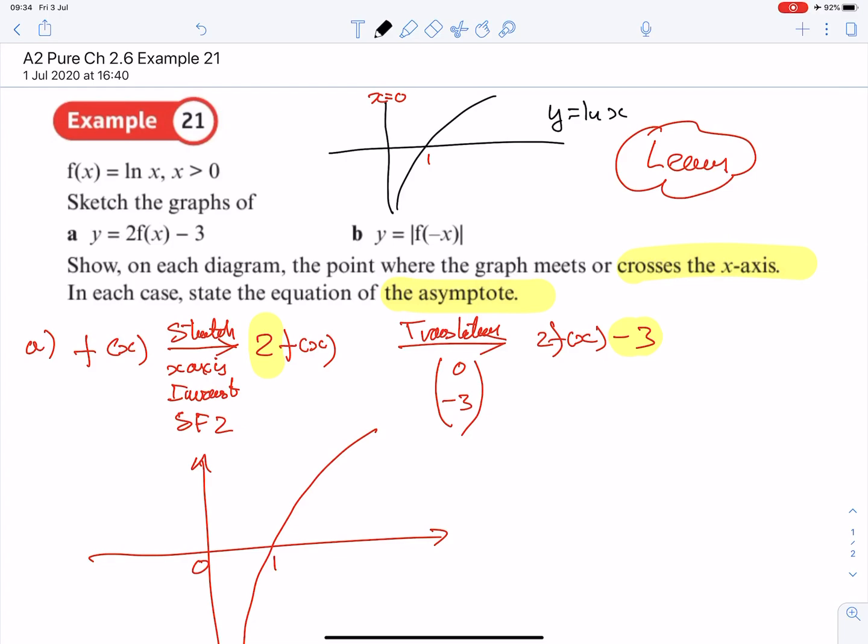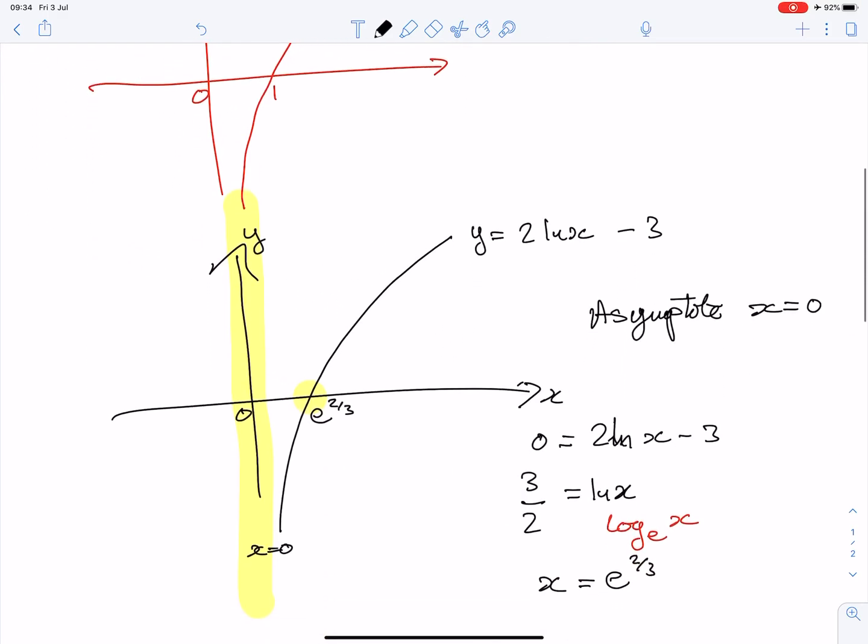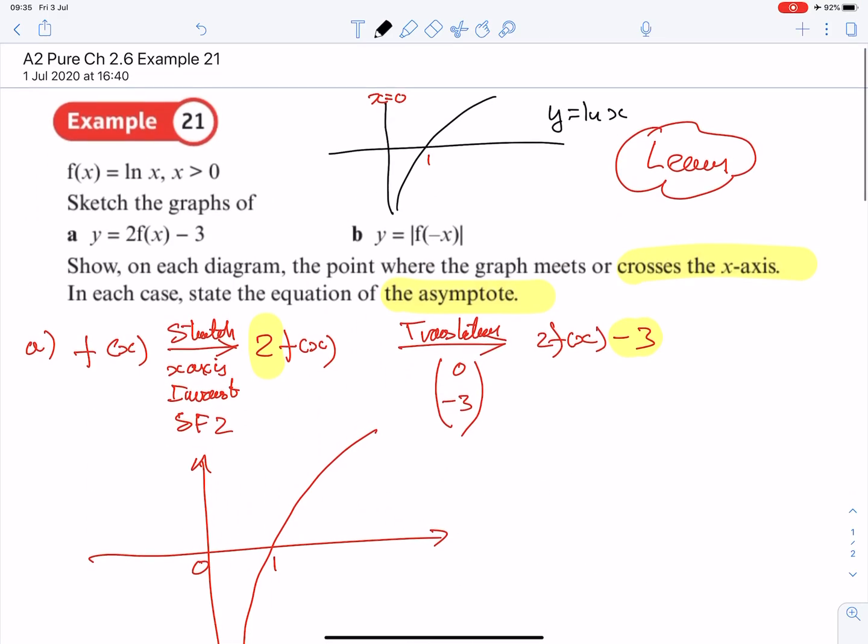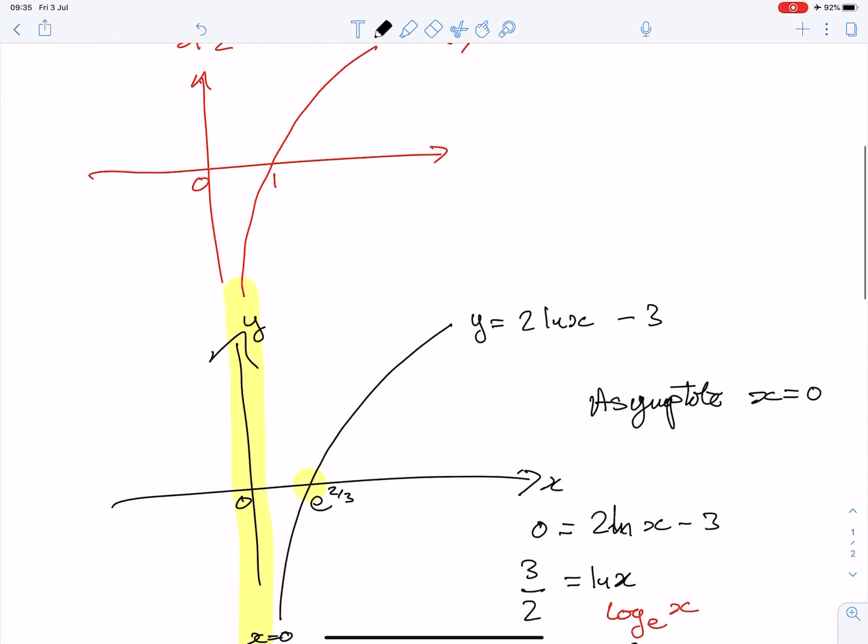I don't think that has a solution, because when you take the negative of x, you can't find the natural log of a negative number. So that has no solution, provided x starts as greater than 0.